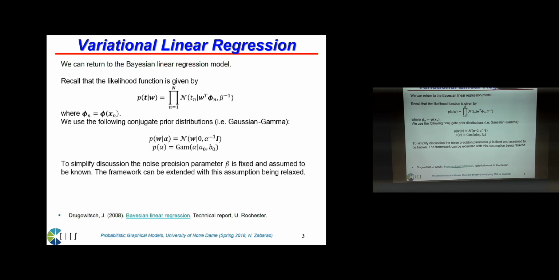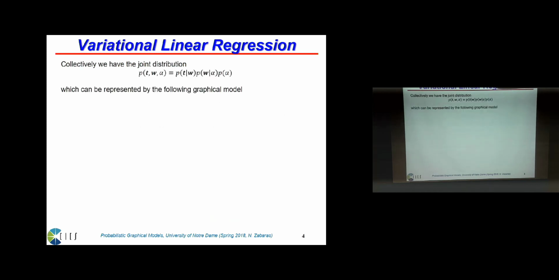Basically, it is the integral of the likelihood at any location x times the posterior of W, integrated over W. There are closed form solutions to all of this, but we pretend we don't know any of this, and we really want to see if variational inference will actually work.